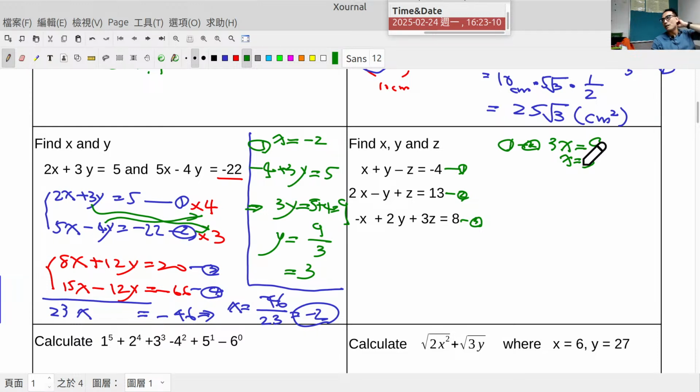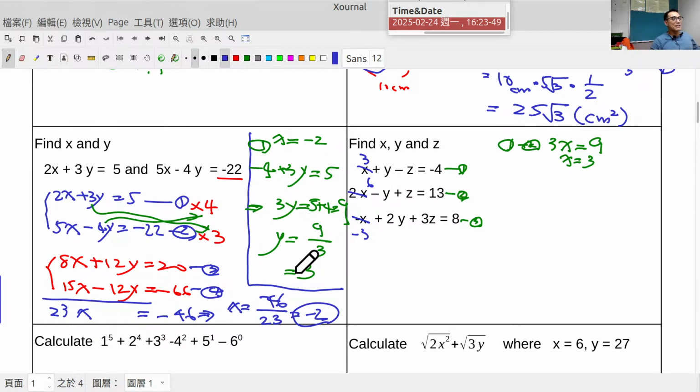Now you have several ways to solve this problem. We have the first value, x equals 3. We need to find y and z. For example, x here means 3, 2x here means 6, minus x means minus 3. Then we have only y and z to solve.